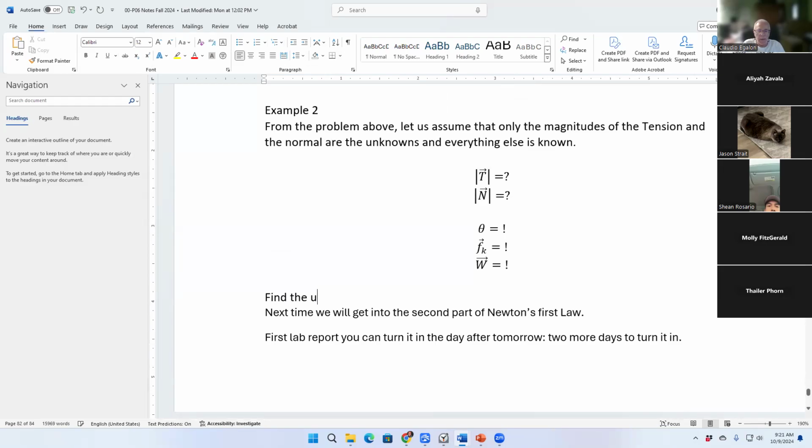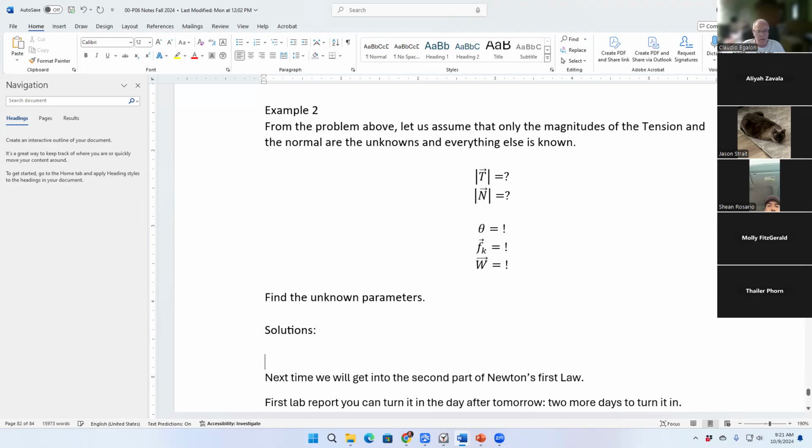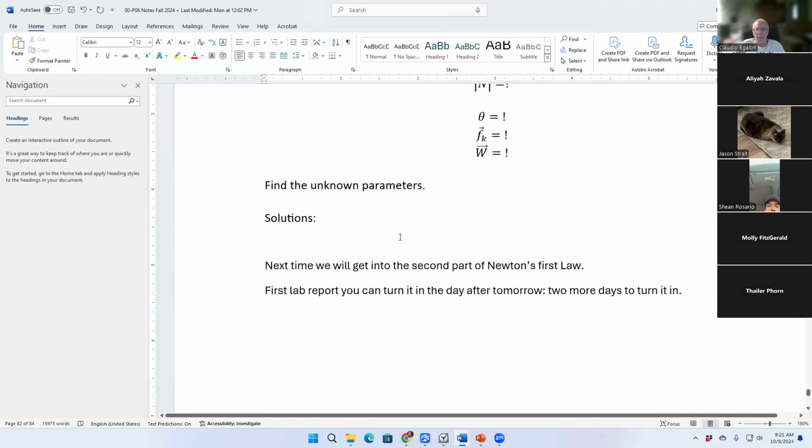Find the unknown parameters. We could have done the same thing for the previous problem.